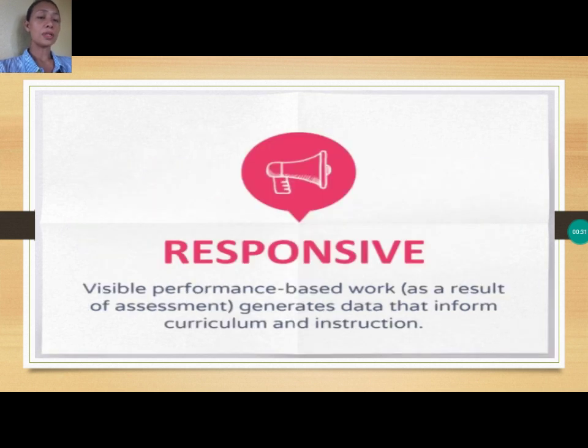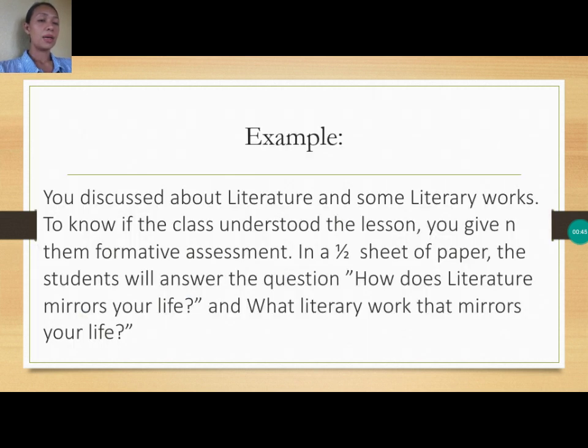The first characteristic of 21st century assessment is responsive. Visible performance-based work as a result of assessment generates data that inform curriculum and instruction. Example, you discuss literature and some literary works.